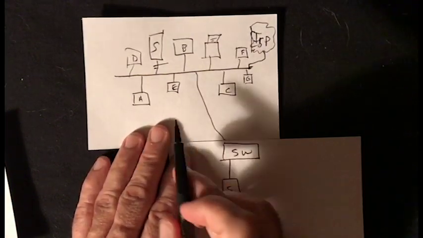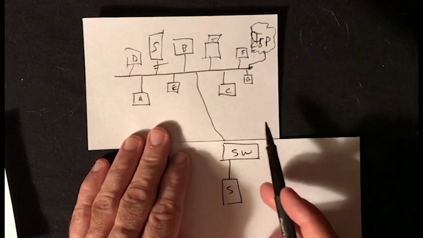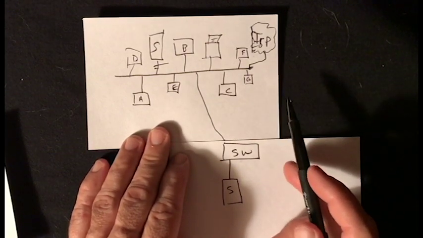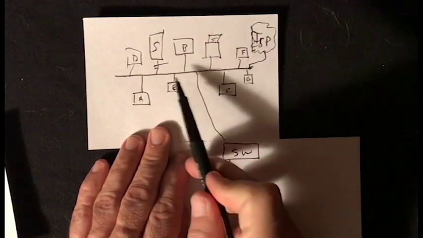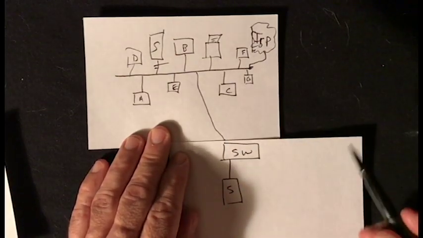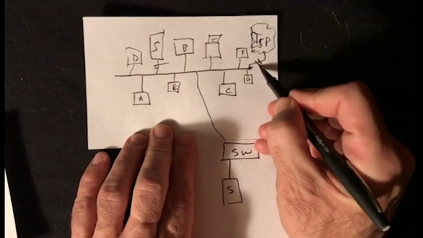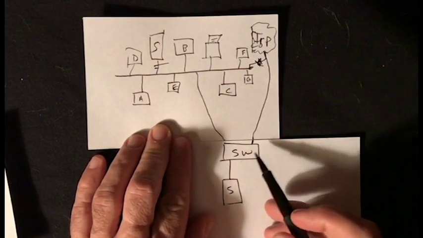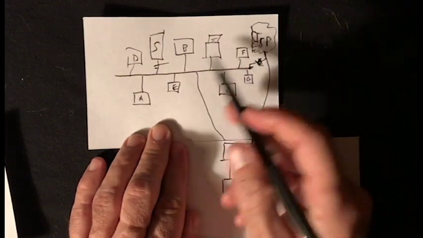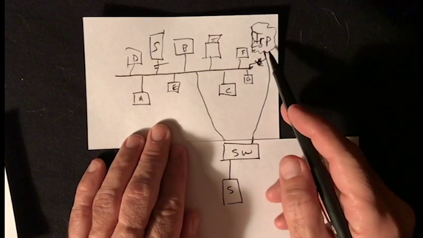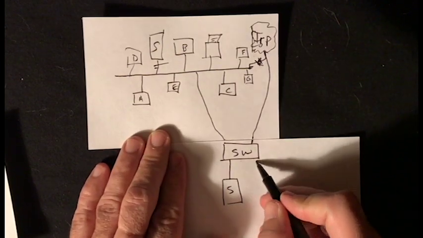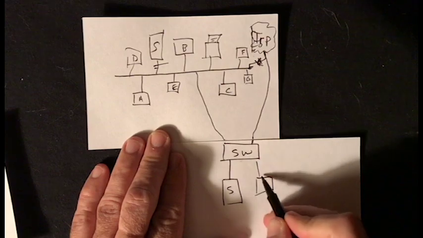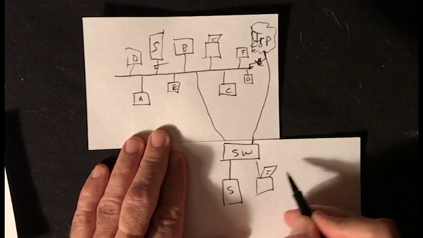So as soon as we did that, that was kind of the straw that broke the camel's back, because everybody was sending traffic to that. So again, we disconnected it from the bus network. We ran it over to the switch, and now, as people are trying to get to the ISP or to the server, or we put printers on here, now we're breaking things down.